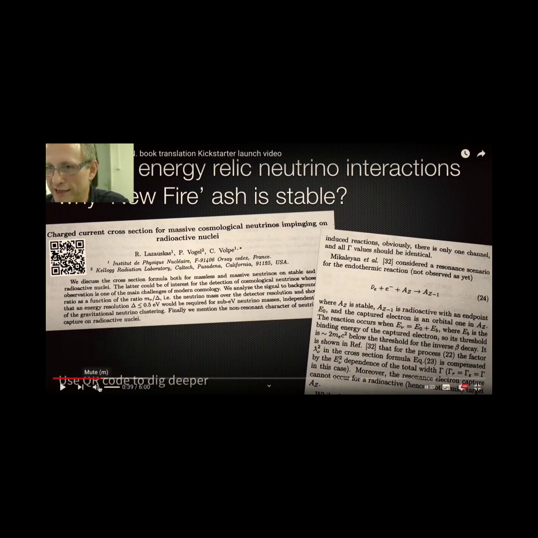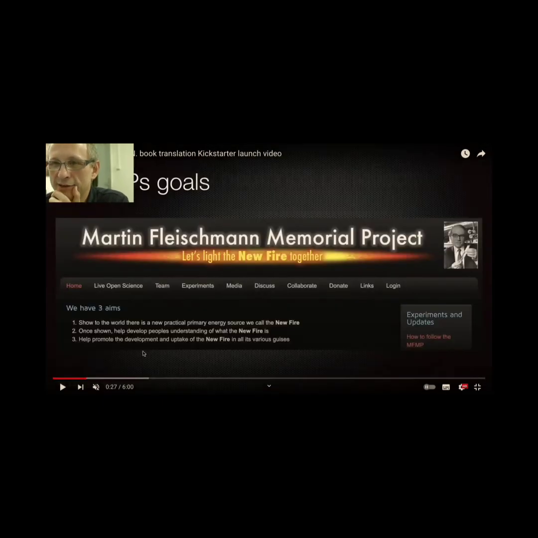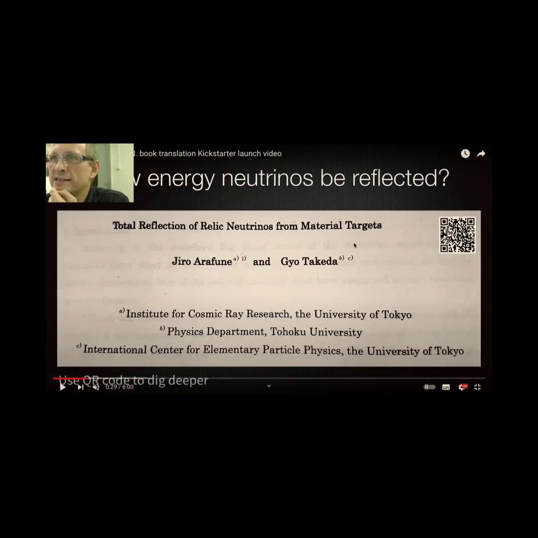Okay, so I'm going to wind that back, because those are the key papers that you need to read to understand this. Right, so, total reflection of relic neutrinos from material targets. That is one thing. So if relic neutrinos can be totally reflected, then it is potential that clusters of relic neutrinos can be reflected, even if you synthesize them or you capture those larger clusters.